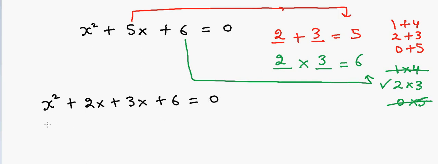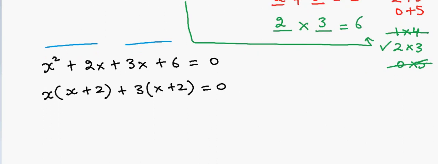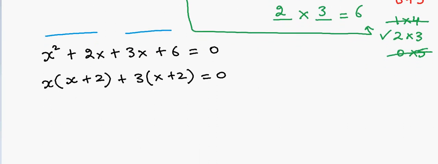Now what I need to do, I'll take the first two and the last two separately, and I'll say x into x plus 2, then 3 into x plus 2. So we can write this equation in this way, and now you can see that the expressions in the brackets are the same.